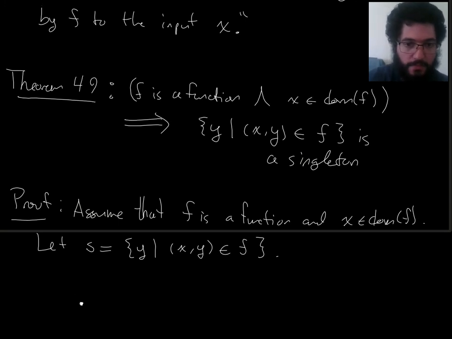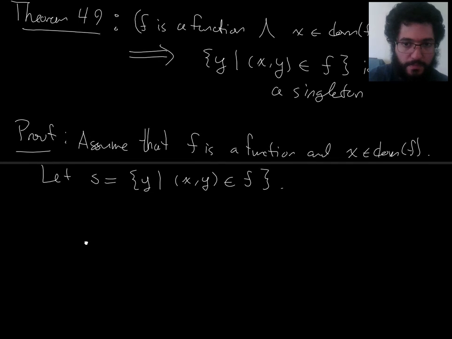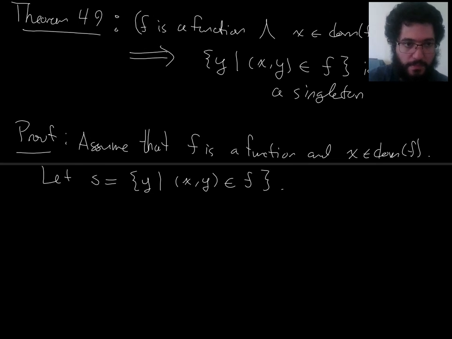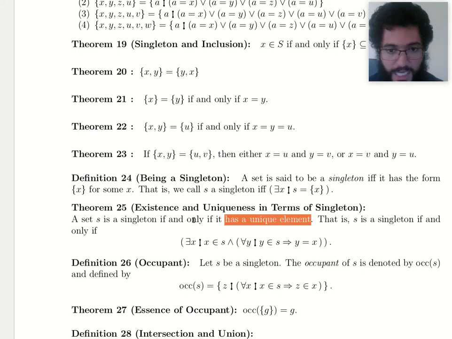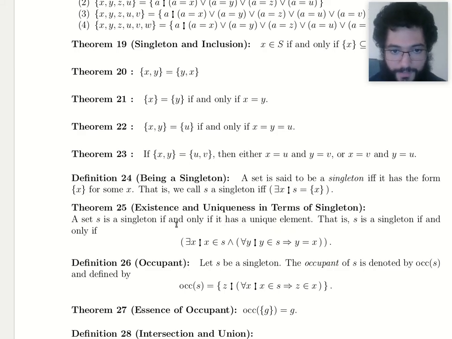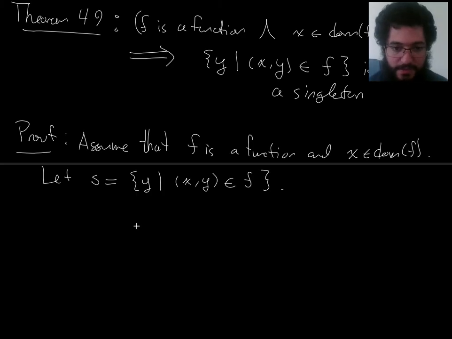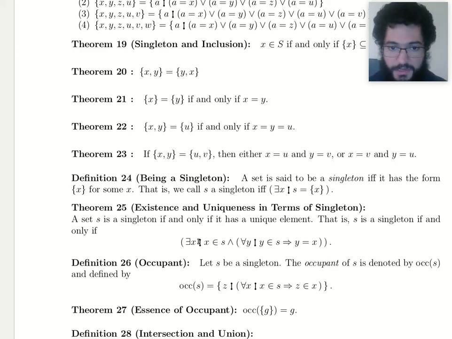Then my goal is to prove that S is a singleton, but I've now rethought about my goal. I have an easier way to do it, which is to prove this. So my goal is to prove that there exists, and let me copy things over here.